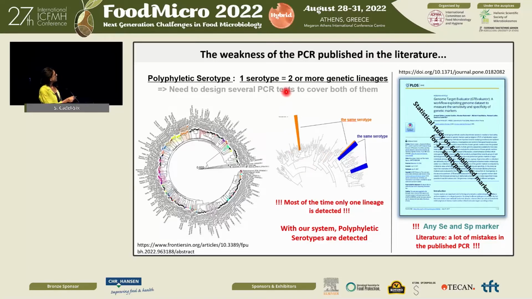As we can see here, with the standard conventional methods based on agglutination, these different genetic lineages account for the same serotype. And most of the time, only one of these lineages is detected by commercial markers or markers published in the literature. With our PCR assay, we are able to detect polyphyletic serotypes.